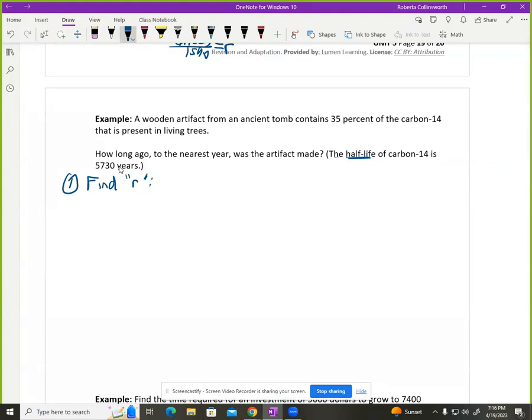So even though the initial amount is not given, we can still find R. So let's do that. We're going to write down what we know.